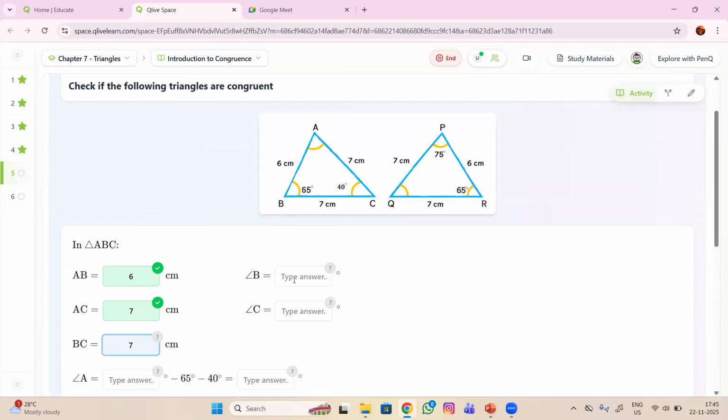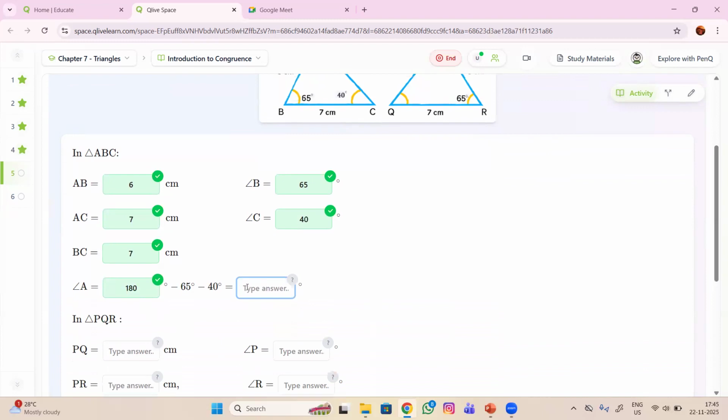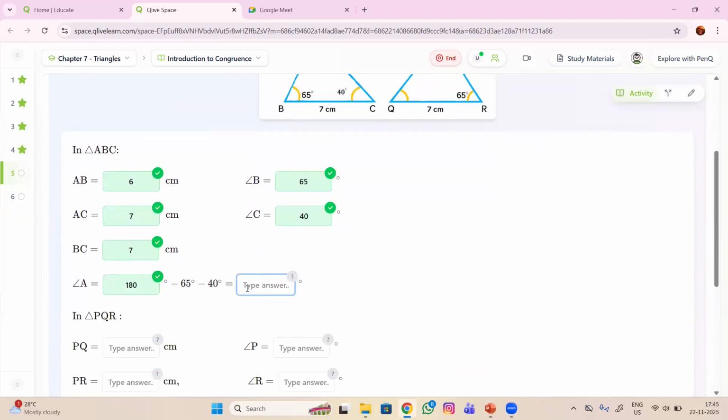Then angle B is 65 degree and angle C is 40 degree. Then how can we find out angle A? Subtracting from 180, we get, what's the answer? Yes, 75 degree.